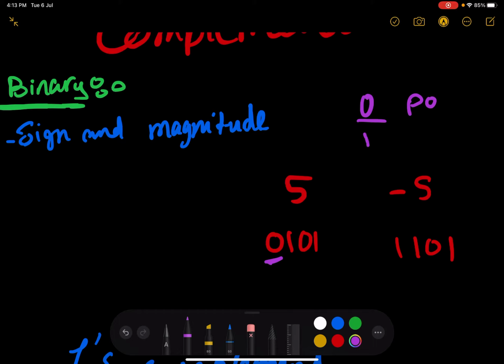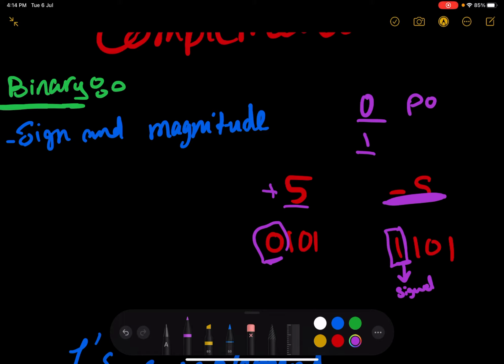The negative sign is represented using 1, and this is our sign bit. As you can see here, for negative 5 we're using 1, but for positive 5 we're filling this sign bit with 0. So this is the difference between signed number and unsigned number.